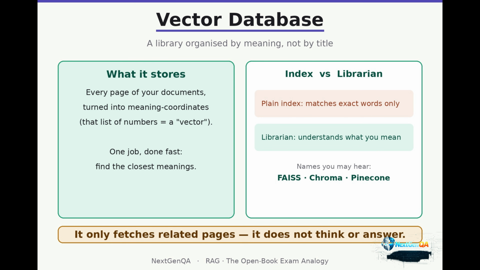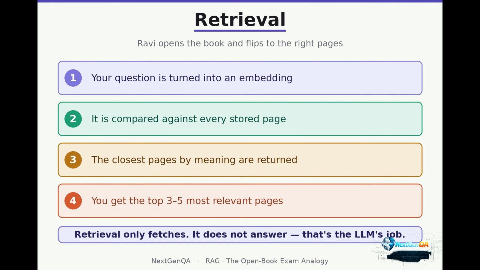Retrieval. It is the actual act of looking things up. This is Ravi opening the book and flipping to the right pages. Here is the step by step, and notice how previous boxes click together. 1. You ask your question. 2.